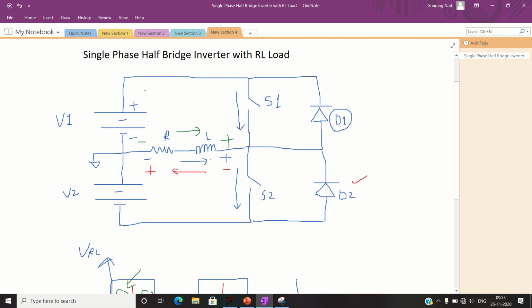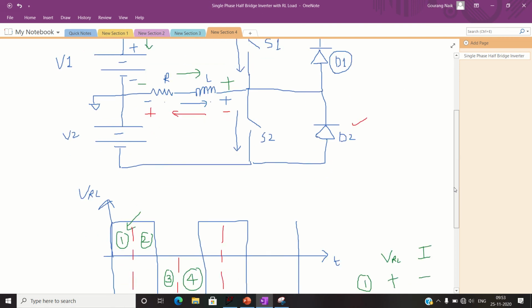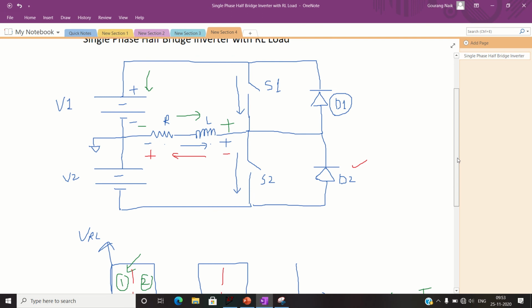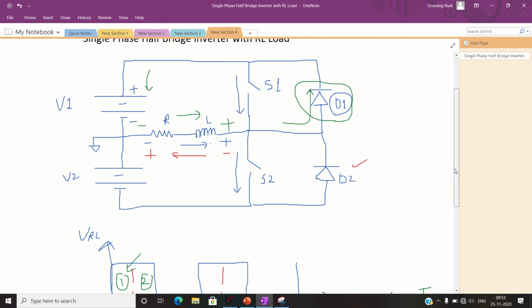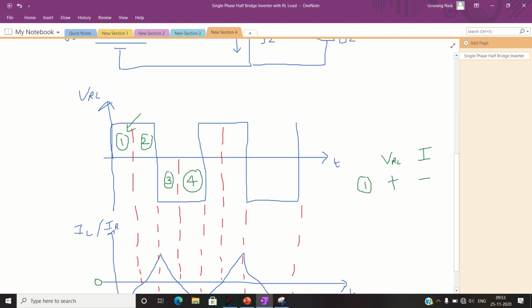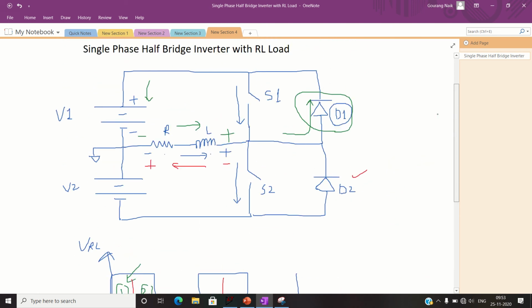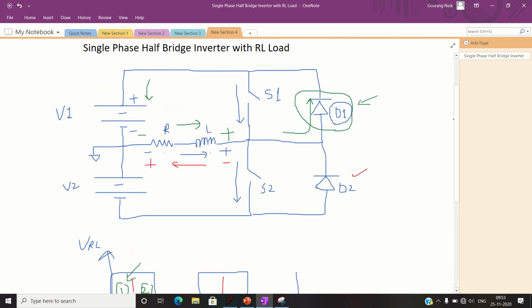And this current is trying to pass into the battery. So for this case where you have VRL positive and I negative, your diode D1, this one, will be conducting.